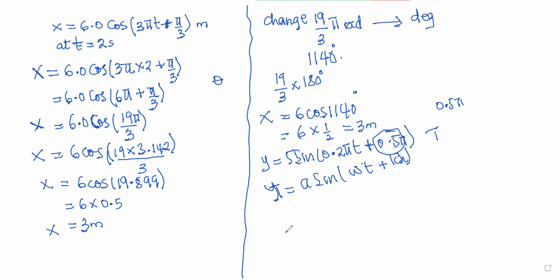Period can be obtained from omega. So you equate omega to 0.2 pi, and knowing omega to be 2 pi on the period, you can determine your period from this. Is that okay? In determining the period, it has no relation with 0.5 pi. Is that okay?